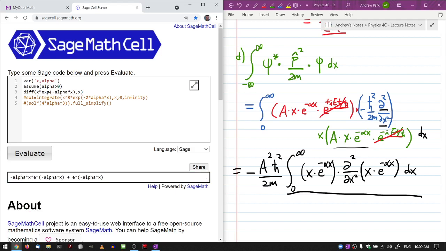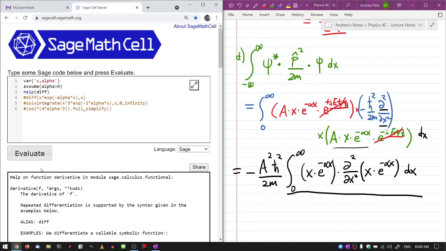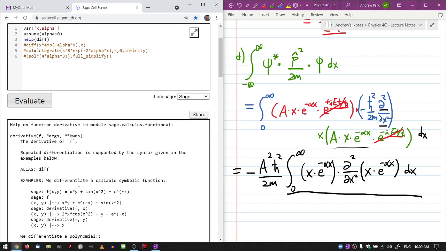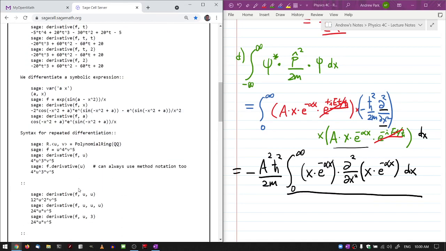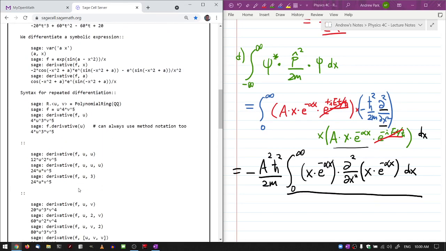So I need to do it twice. I'm pretty sure the differentiation function actually has an optional parameter which will help me do a second order derivative in one go. Oh, I guess derivative was the actual function name. Yeah, derivative.